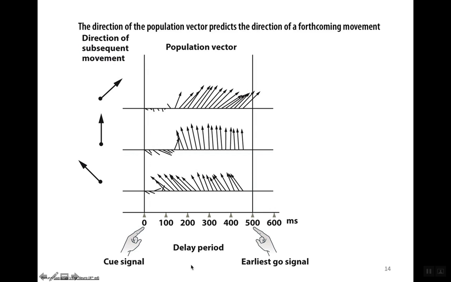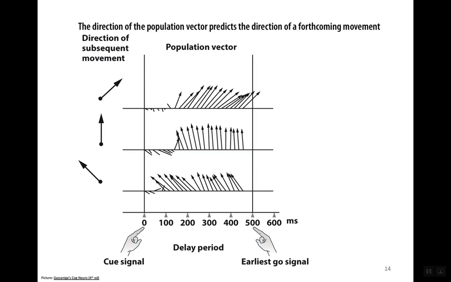So if there's a delay period of 500 milliseconds, let's say, between the cue and a go signal that tells the monkey, okay, it's time to move the hand, we can still see activity within these neurons for this entire interval, which tells us that these neurons are involved in preparatory movement rather than just execution.